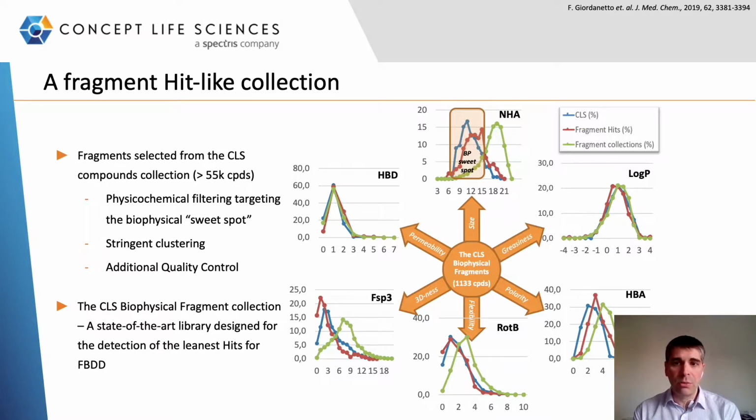So not only in terms of hydrogen bond acceptors, in terms of rotatable bonds and fraction sp3, so 3Dness, as well as obviously the size. In all categories, we have a very good match of properties between our fragment collection and that of typical fragment hits.